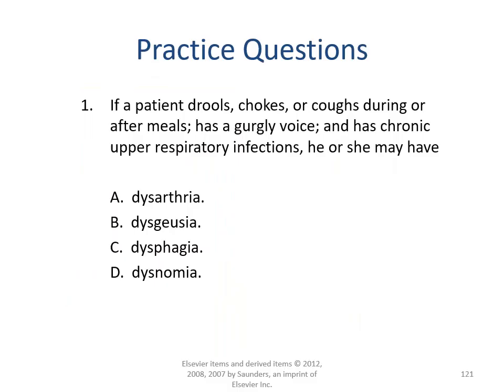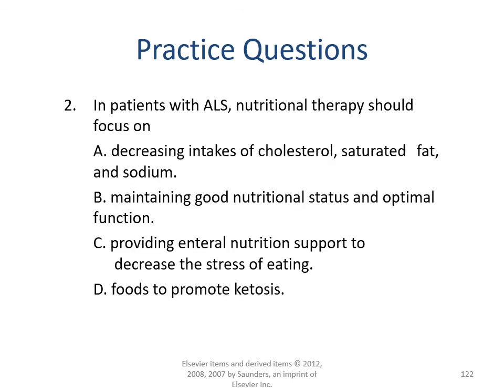So our practice questions. So if a patient drools, chokes, or coughs during or after meals, has a gurgly voice, and has chronic upper respiratory infections, he or she may have, and that is answer choice C, dysphagia or problems swallowing. In patients with ALS, nutrition therapy should focus on, and this is B, maintaining good nutritional status and optimal function.